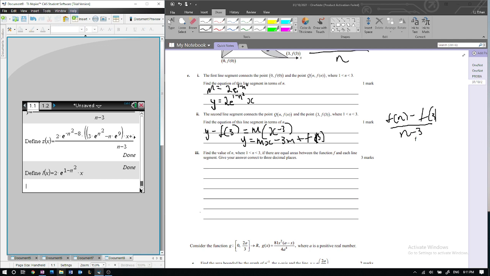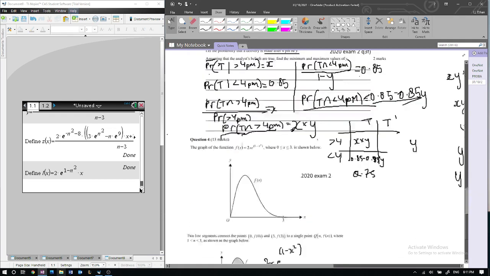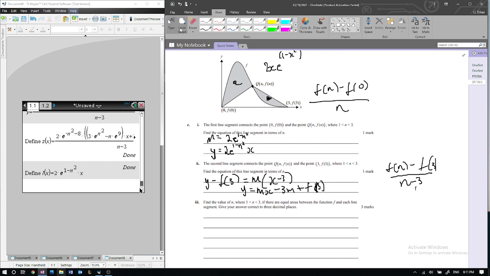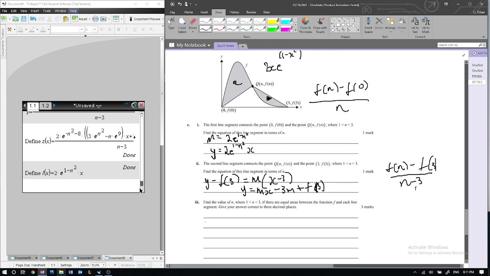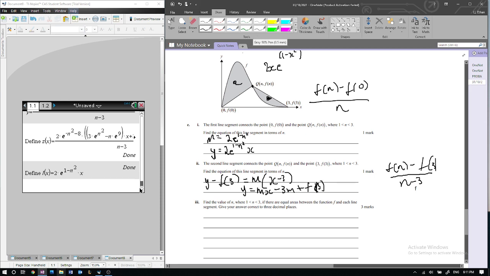So now I have my lines, and then I just need to set up some equations to find n. It's area, so let me just do the terminals. You want to set up two definite integrals to find n. I'll do this area first.